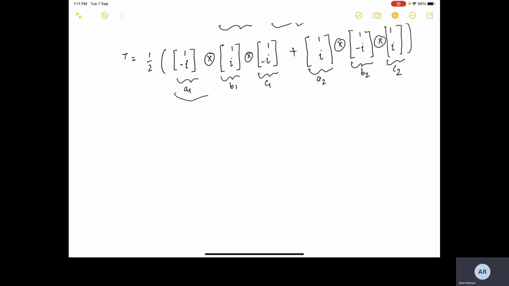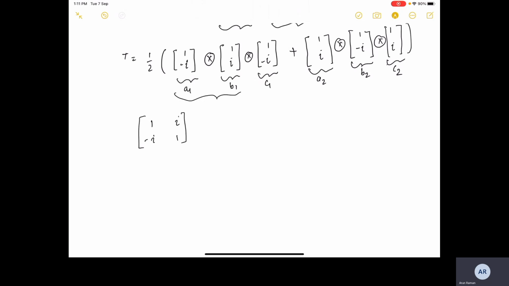The first part is to take the standard product A1 B1 transpose. When we do that operation, we will basically get 1, i, minus i, and minus i squared. Here i is the complex number, and minus i squared will be plus 1.